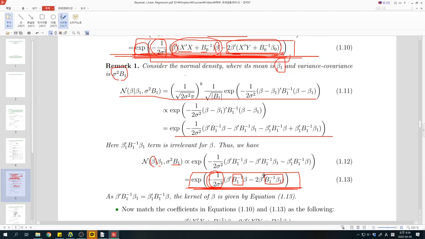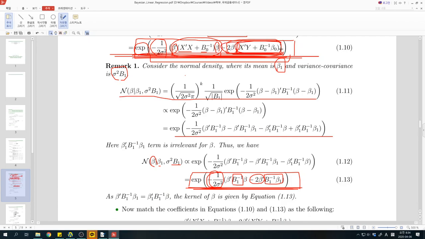This term must be equal to x prime y plus b0 inverse times beta 0, because here is minus 2 times beta prime, and here is another minus 2 times beta prime.